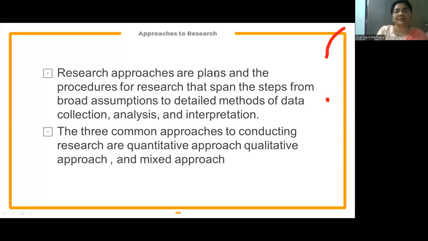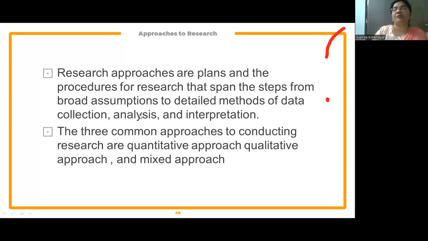Now let us see here the approaches to the research. Okay, so research approaches are the plans and the procedures for the research that span the steps from the broad assumption to the detailed methods of data collection, analysis and interpretation. तो अब आपको पता है कि जब हमको रिसर्च करना है तो we have a huge data, ठीक है, हमारे पास बहुत सारा डेटा है, बहुत ज्यादा डेटा है जिसको हमको कंसाइज करके एक छोटे से पॉइंट में लेकर आना है, राइट?